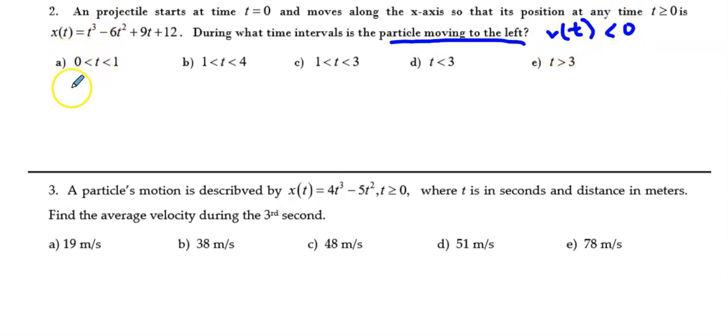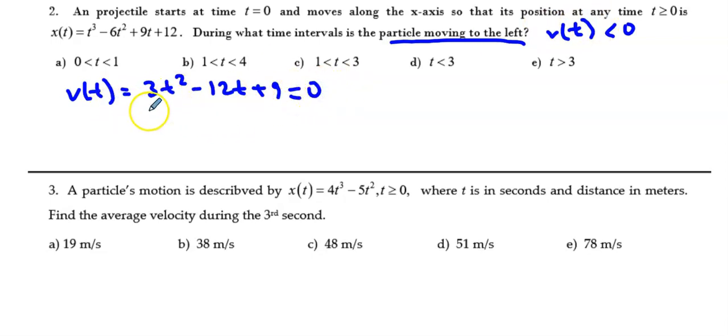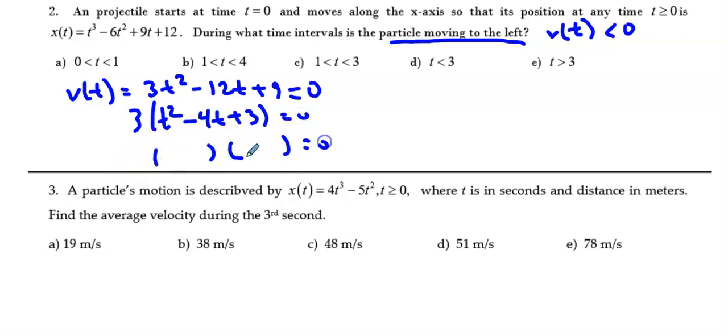So on this particular function, the first thing I've got to do is figure out what the velocity is. That's going to be 3t squared minus 12t plus 9. Then I've got to set this equal to 0. I'm going to pull out a 3 for a second, and when I factor this, I get (t - 3)(t - 1).